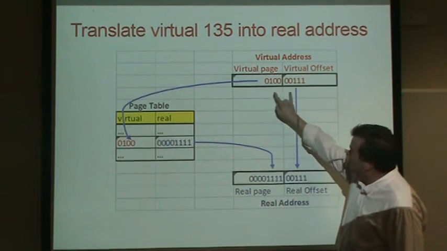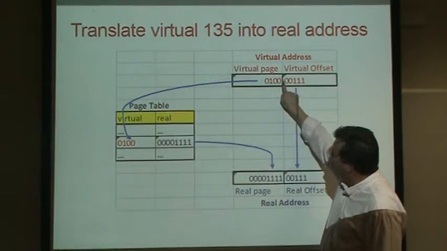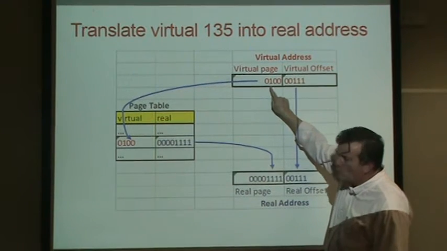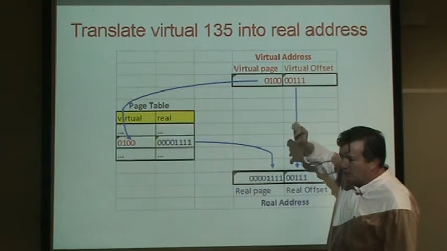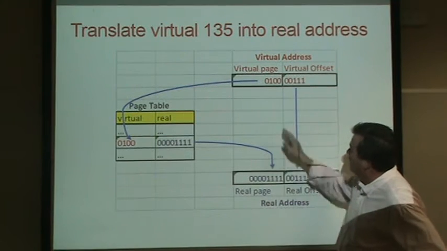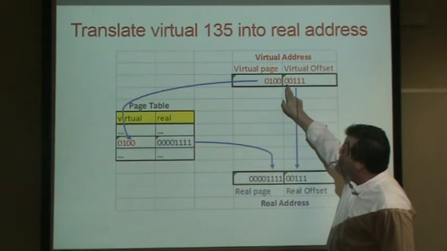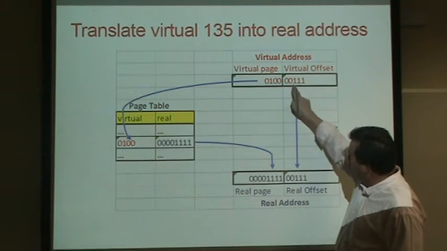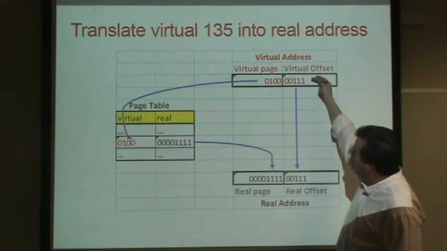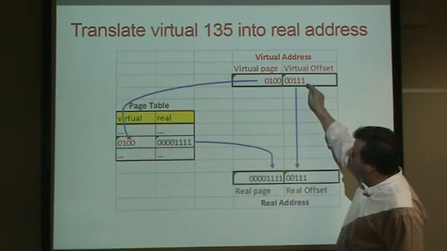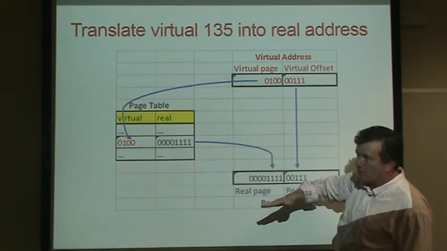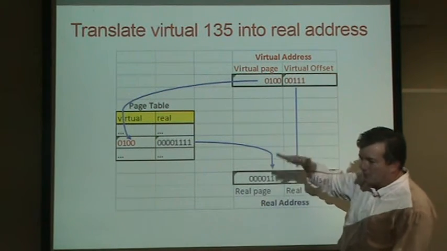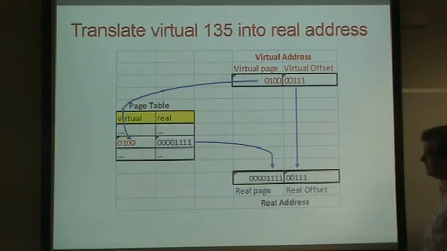But here it would be just like the last example. We would be in page 4, which is really our 5th page, because page 0 is our first page. We would be in page 4, and then our offset, how far into that page, we would be 7 into that page. And with 5 bits, we could go from 0 to 31, for a 32-line page.